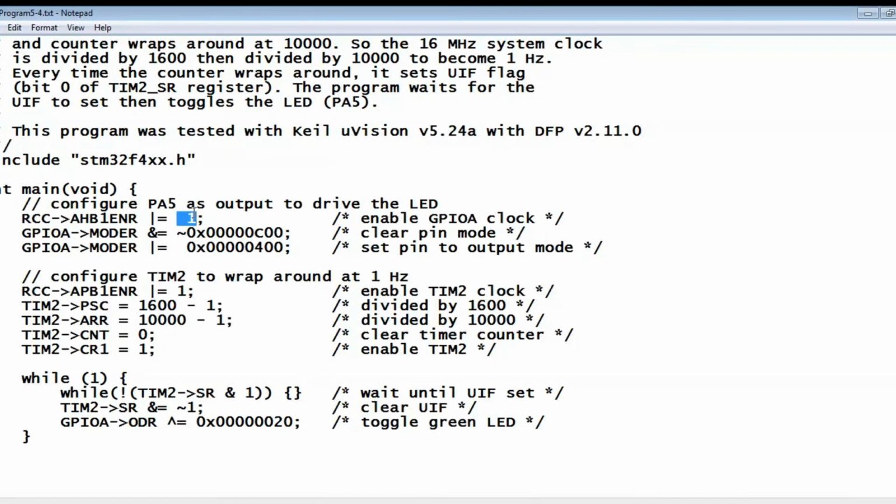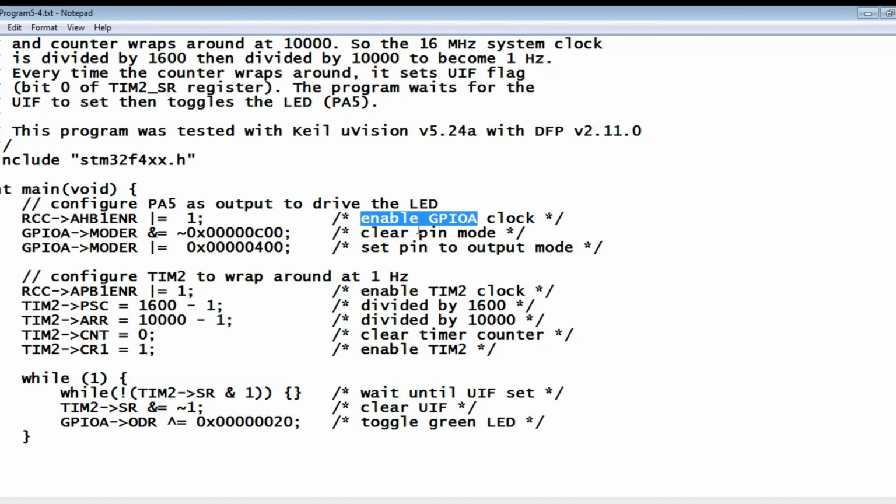What does it mean? You are enabling clock to the GPIO peripheral. If you are writing 1, that means the 0th bit of AHB1, you are setting it as 1, that means you are enabling clock to GPIO A.